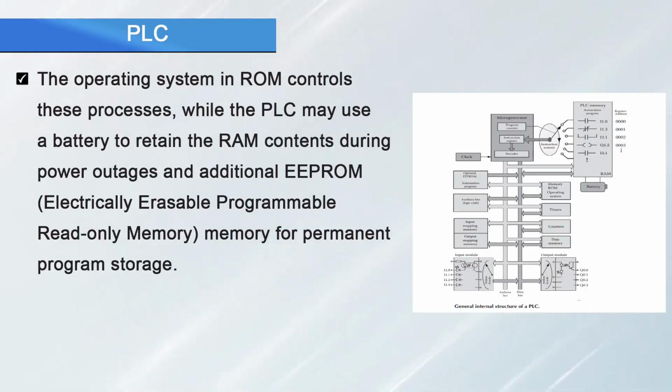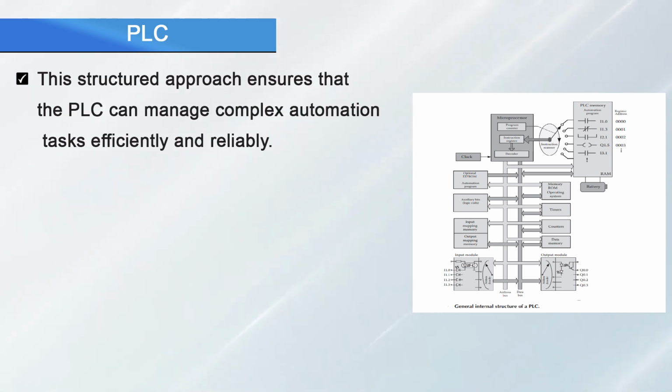The operating system in read-only memory controls all these processes, while the programmable logic controller may use a battery to retain the random access memory contents during a power outage, and additionally electrically erasable programmable read-only memory, called EEPROM, for permanent program storage. This structured approach ensures that the PLC can manage complex automation tasks efficiently and reliably.